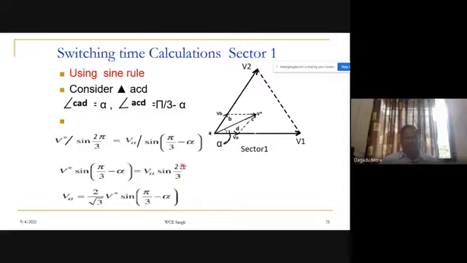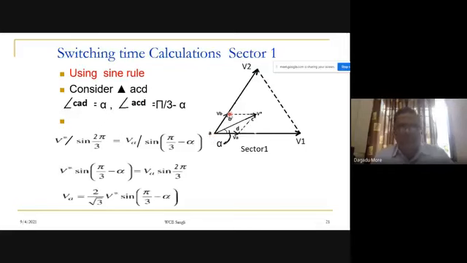Is it clear? The magnitude of VA depends upon alpha and V star. Similarly, we obtain the value of VB.